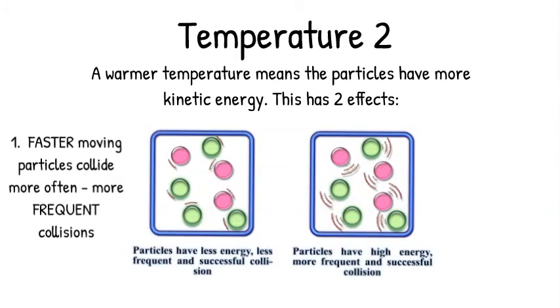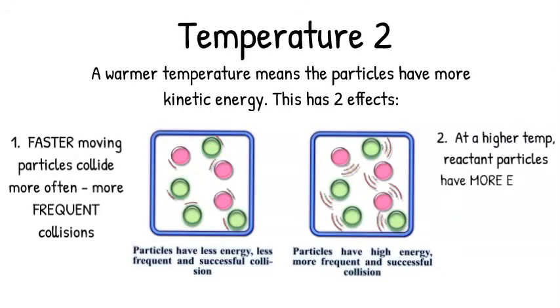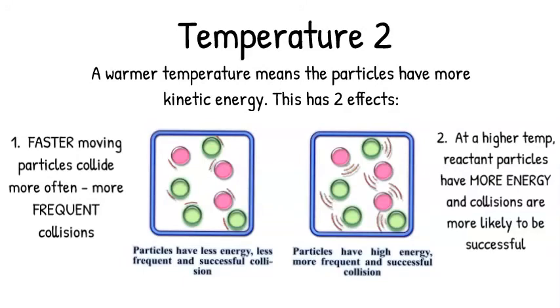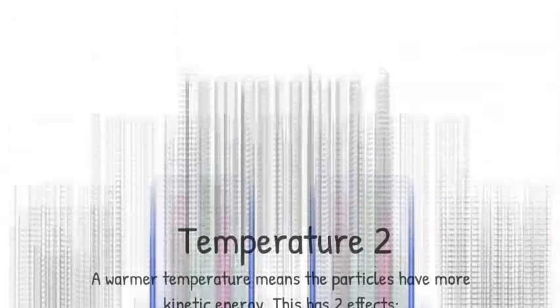Firstly, the particles moving faster collide more often, so there are more collisions in the same amount of time. And secondly, the particles with more kinetic energy have more energy to make the collisions more likely to be successful, remembering that collisions need a certain amount of energy to be successful. So there are two ways that temperature increases the reaction rate: more collisions, and the collisions have more energy.